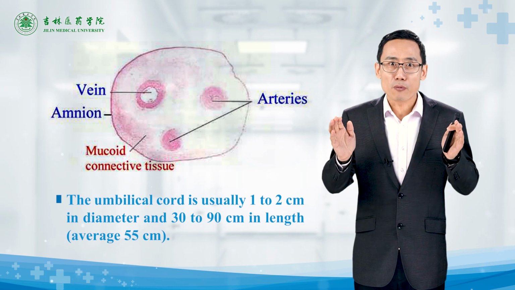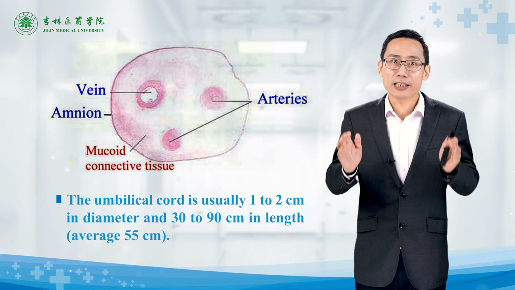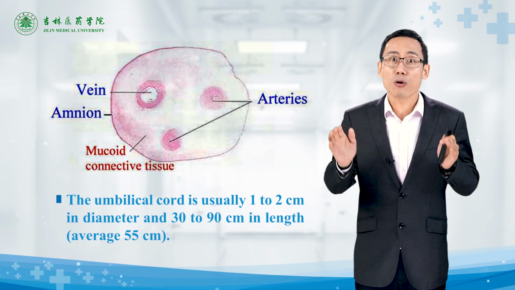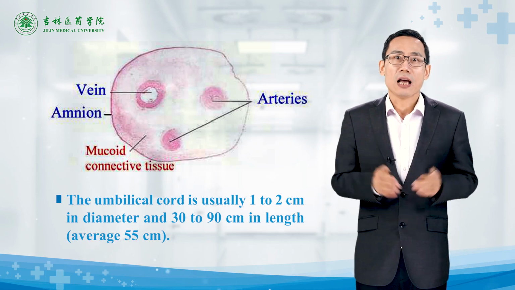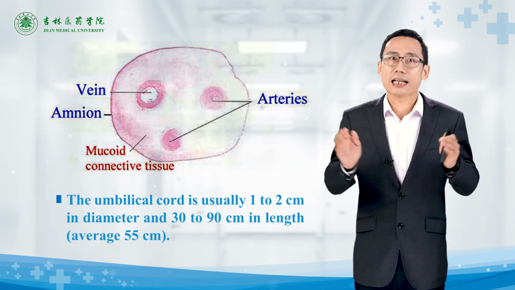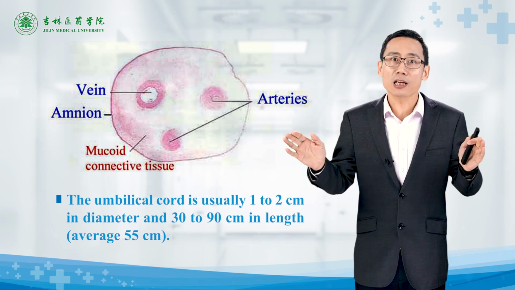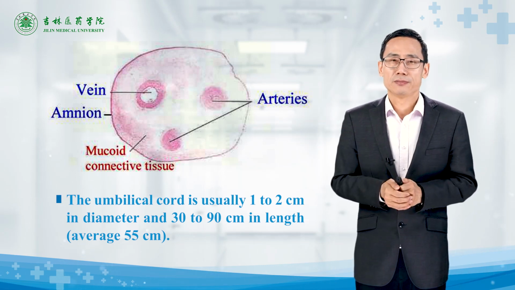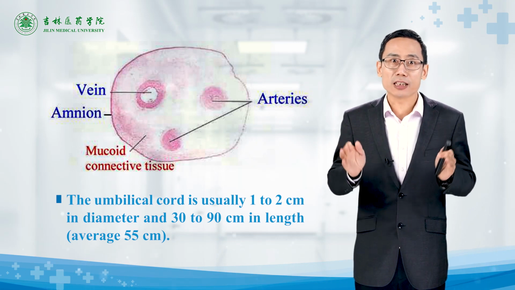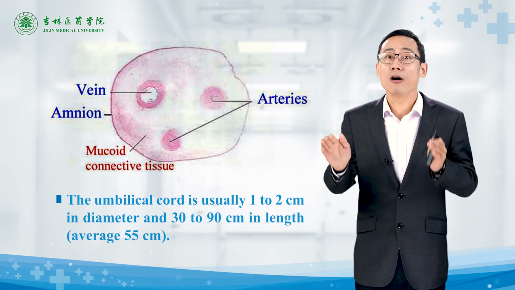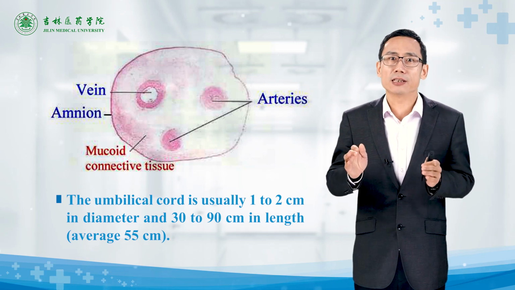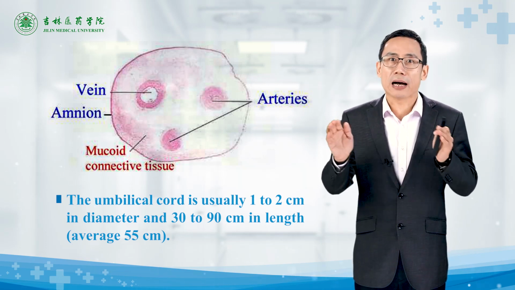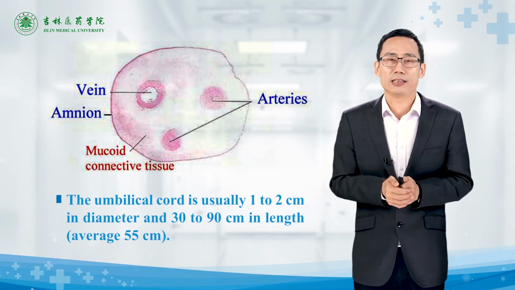The umbilical vessels connect the embryo vessels with the placental villus vessels. There are two umbilical arteries because they are longer than the umbilical cord. They are spiraling. The umbilical artery carries the fetal blood to the placental villus and exchanges the material with the maternal blood in the villus space.